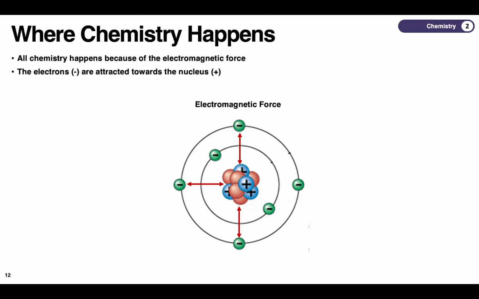Now, some atoms occur in nature with a different number of neutrons, i.e. more neutrons than protons. They occur naturally, and they're called isotopes. And those will tend to try to lose those extra neutrons to get to equilibrium. Like we said, the overarching principle in the universe is to try to get to equilibrium and maintain equilibrium.